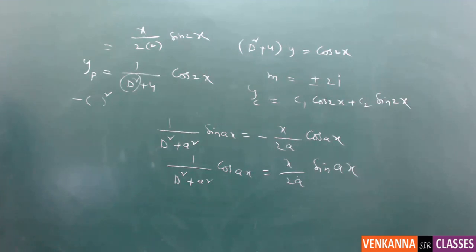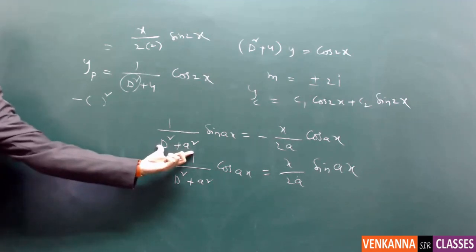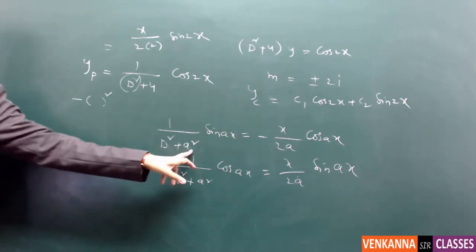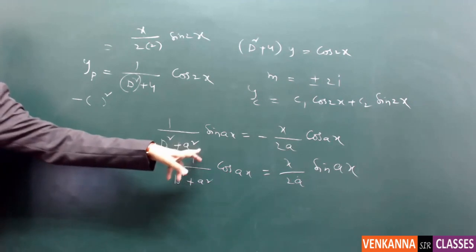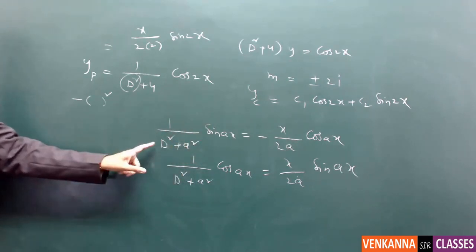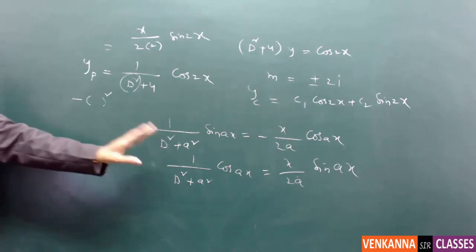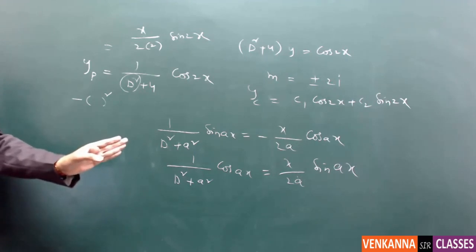Now, sometimes what happens, in the denominator, you may have multiple factors. For example, (D square plus a square) whole cube, whole power 4. Such type of situation will arise in the denominator part while calculating yp. For that, we are going to apply the formula.